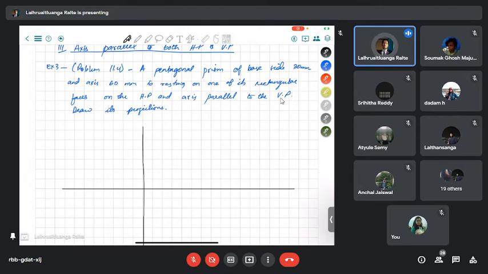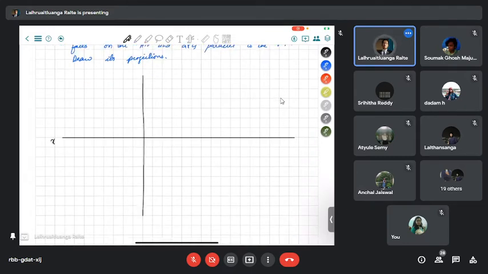As we are going to have the profile plane, we will have the principal axis XY line going in this direction, and the X1 Y1 line that corresponds to the profile plane as well. So we have the rectangular face of the pentagonal prism resting on the horizontal plane.